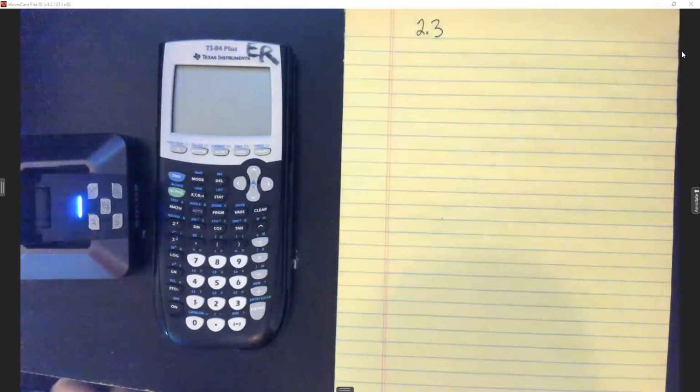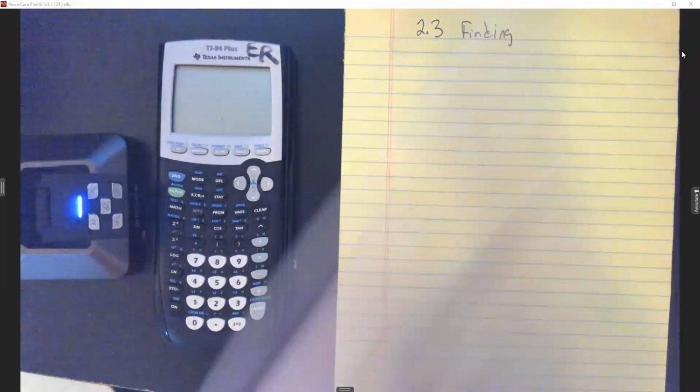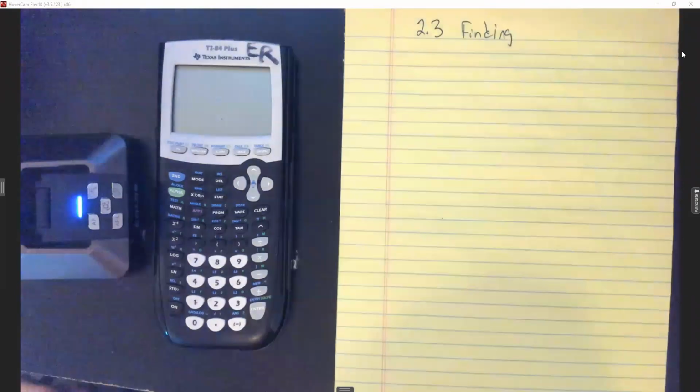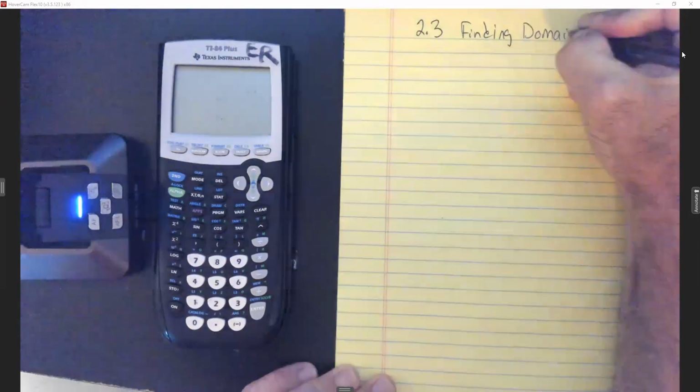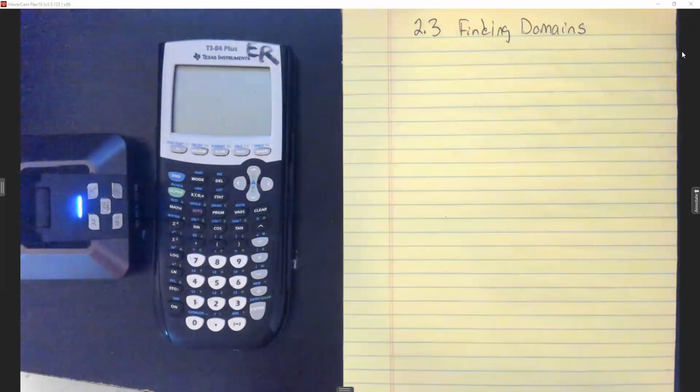We're still doing functions. And actually in this one, we're going to do what we call finding the domains. And remember, domains are my x values, okay?